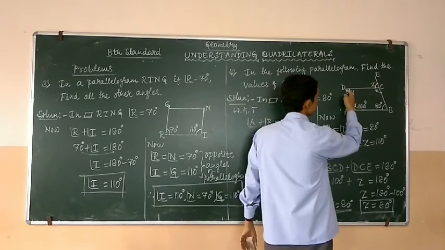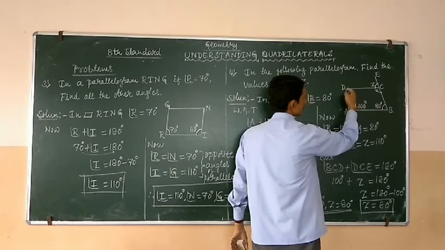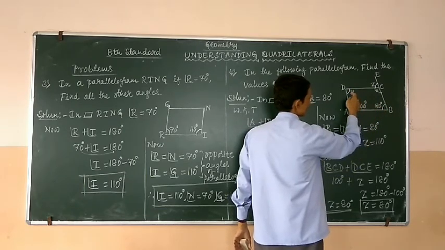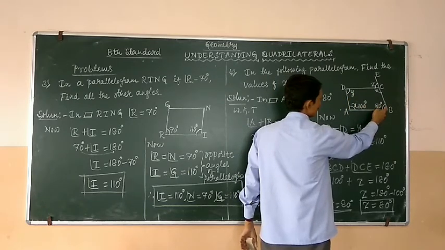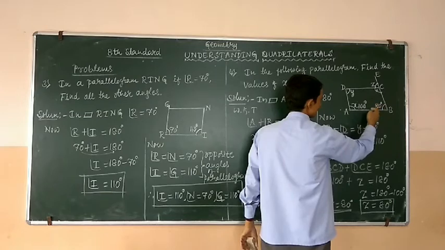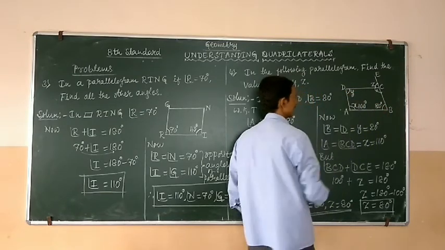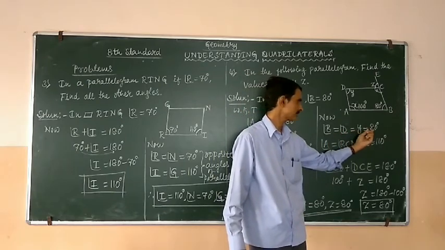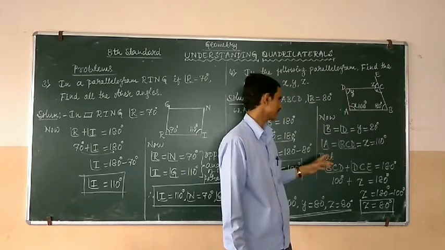So angle B equals angle D. These two are opposite angles. This is equal to y, and they have given B as 80 degrees, so angle D equals 80 degrees. Therefore, angle B equals angle D equals y, which is equal to 80 degrees. So the opposite angles are equal.